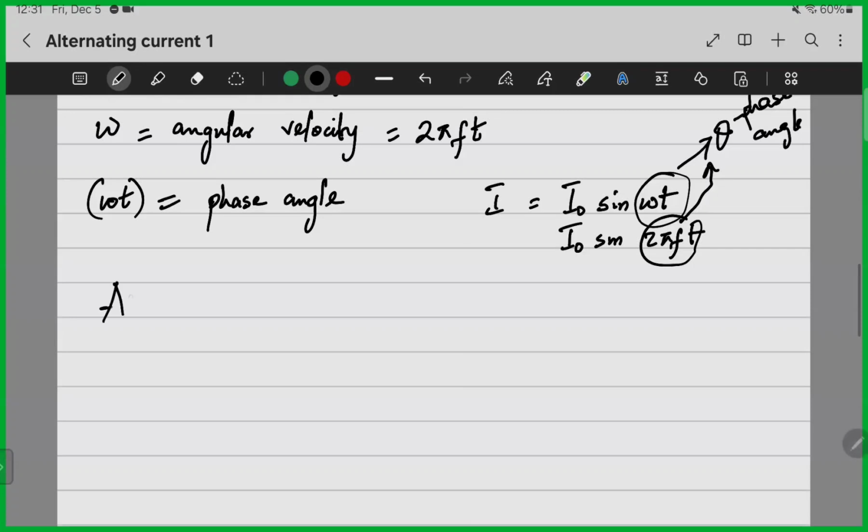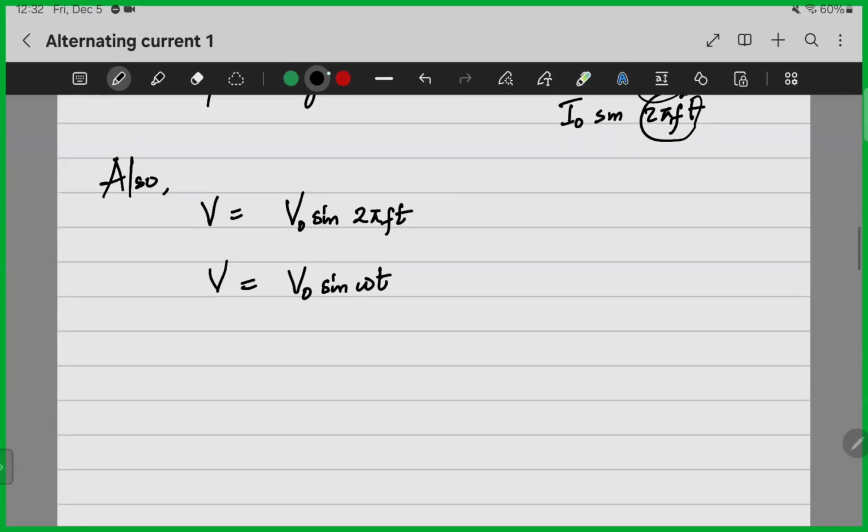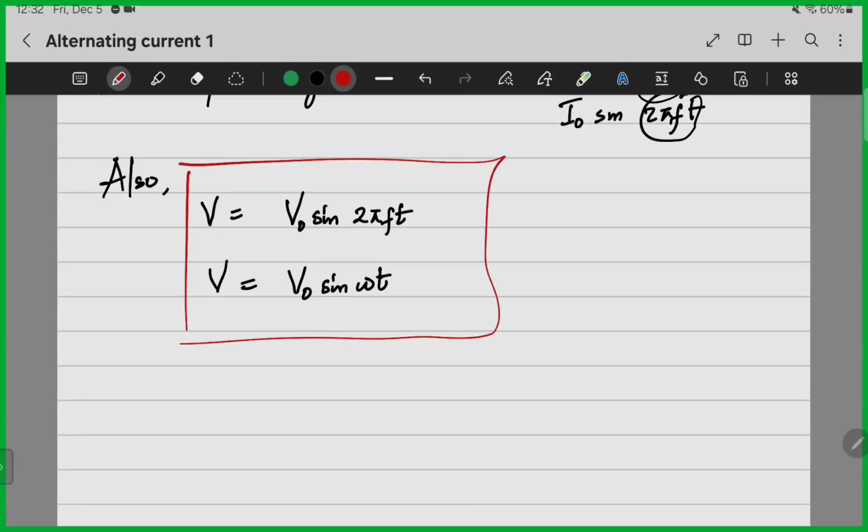Also, if we write the AC equations in terms of voltage, we have V equal to V naught sine 2 pi ft, which we can also write as V naught sine omega t. See that? Just in similar fashion as current. So please take note of these powerful equations. In the same vein, you can create your list for each of them.